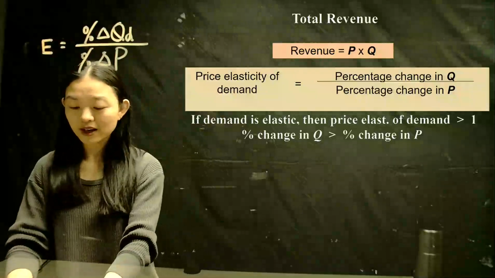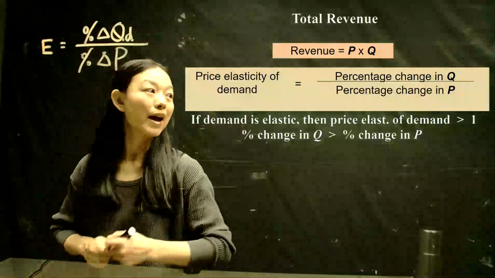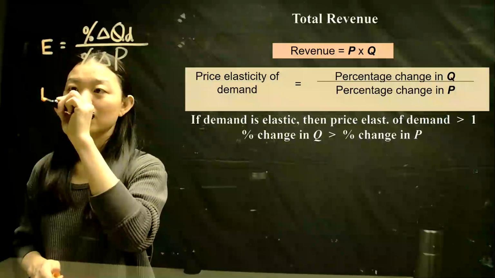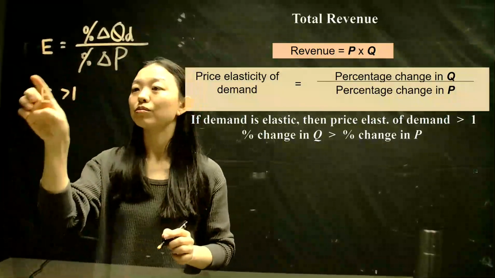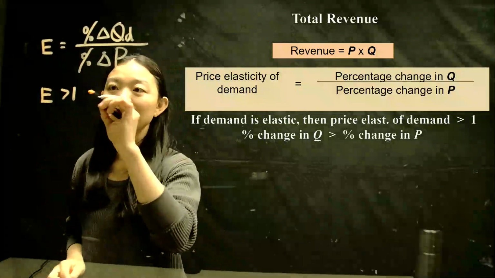So if demand is elastic, it means E here is larger than 1, right? We have price elasticity larger than 1.